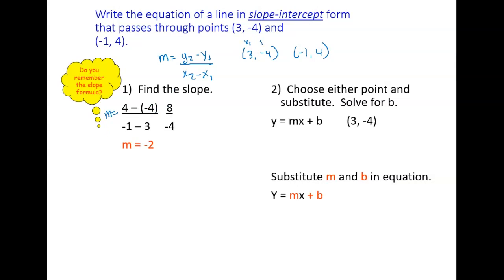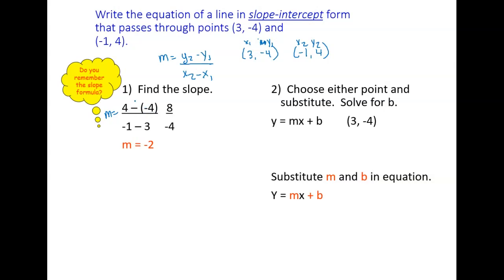I have x1, y1, x2, y2. So I'm going to go back down here. So I have y2 is 4, take away y1, which is -4, over x2, which is -1, minus x1, which is 3. So this is going to create that double sign there.